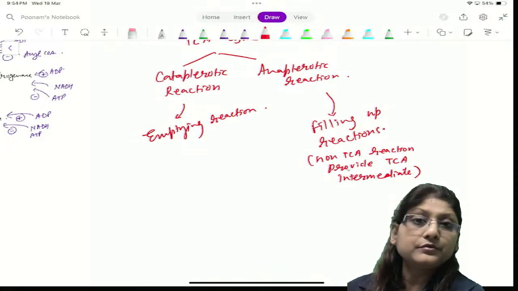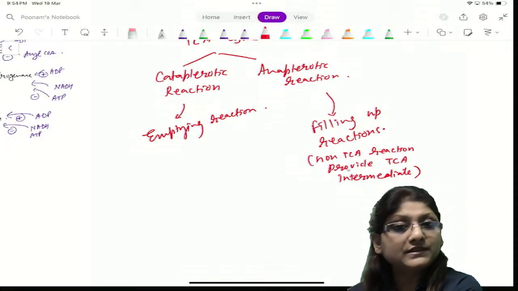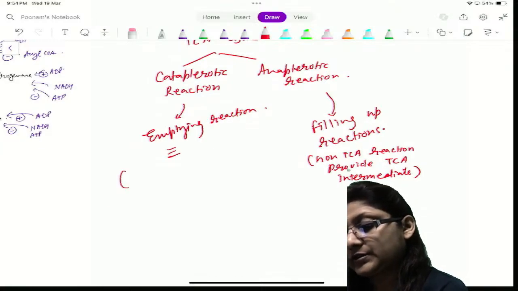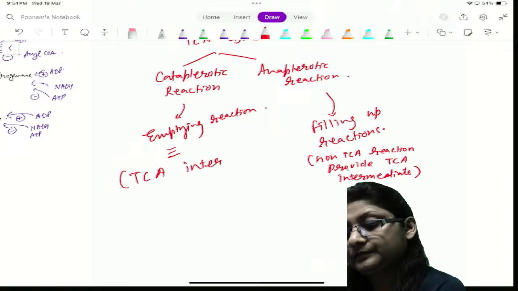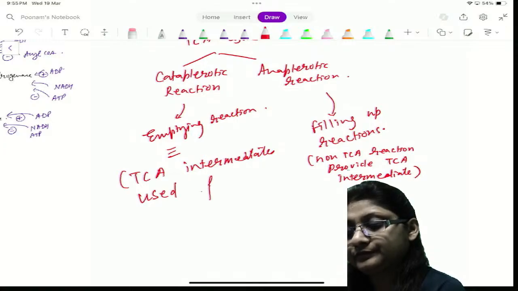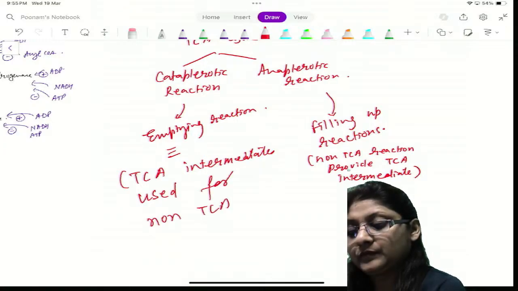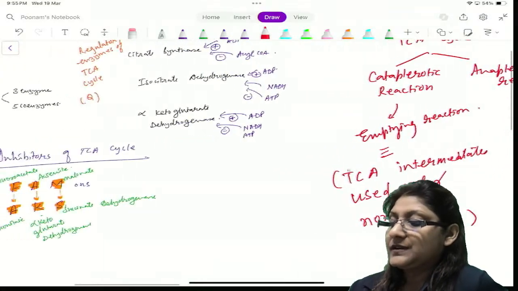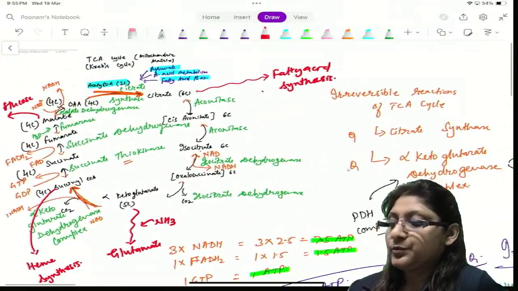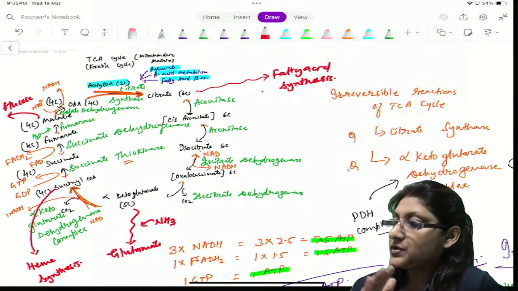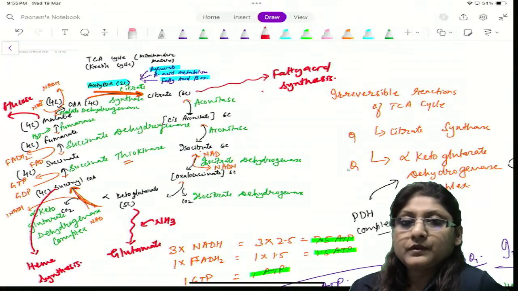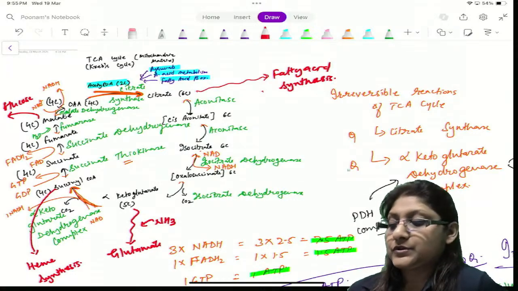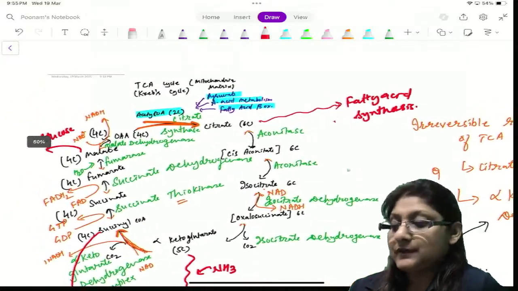And the reactions which are going to utilize the TCA intermediates in non-TCA pathways are called cataplerotic reactions. So there are a lot of reactions which utilize the TCA intermediates, and at the same time there are reactions which provide the TCA intermediates. So it is a sort of balance between anaplerotic and cataplerotic reactions which determines the rate of the TCA cycle.